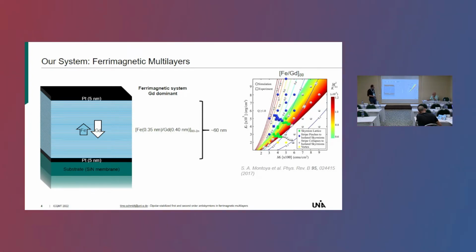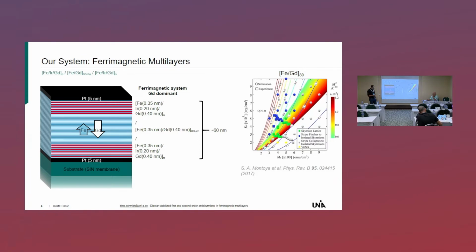And we recreated that basically to get ourselves dipolar stabilized Bloch skyrmions, which have a rotational sense. And now the approach was, what happens if we stuck iridium layers inside the top and the bottom?